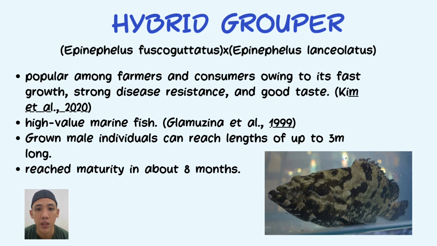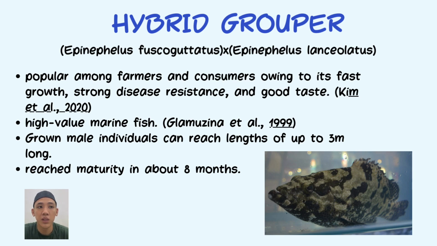So the hybrid grouper is one of the most popular species among farmers and consumers because of the fast growth, strong disease resistance, and the good taste.